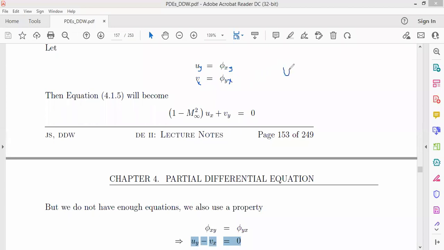Remember, initially we said the u is del phi, del x. Then we are saying u_y. What is this one? This means that this becomes del squared phi, del x, del y. Okay? Then this one is v_x.